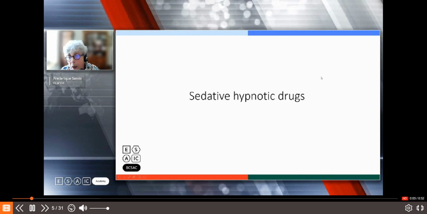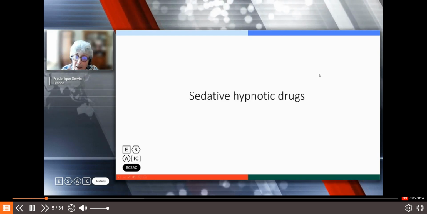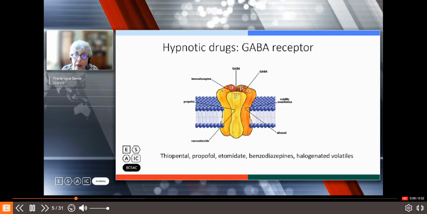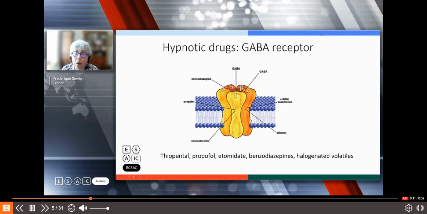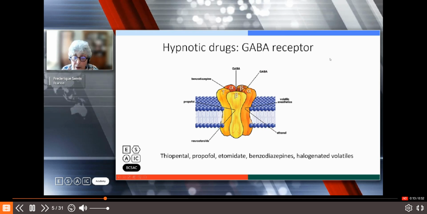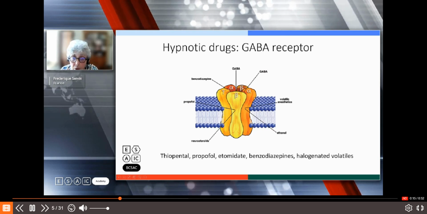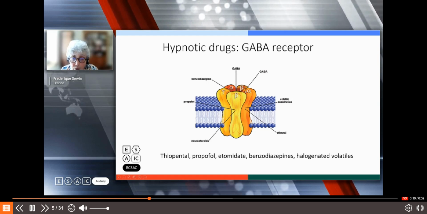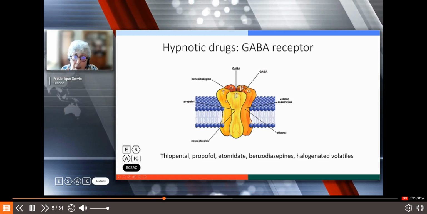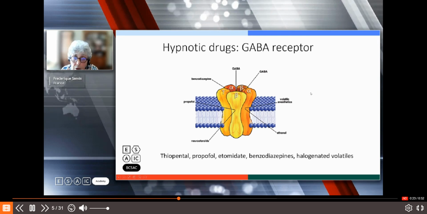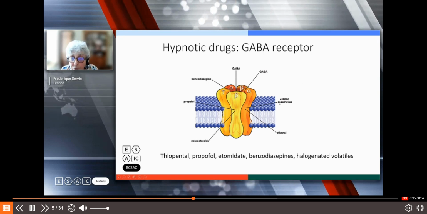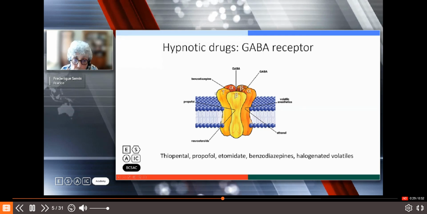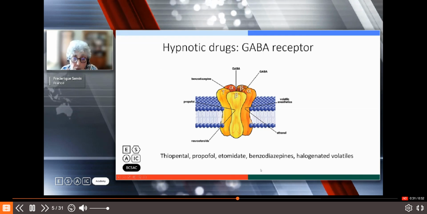So now we shall look at the sedative hypnotic drugs and their main receptor, which is the GABA receptor. The GABA receptor is a transmembrane receptor, and it has 5 subunits, and the different drugs will link to different fractions of this receptor, different subunits.